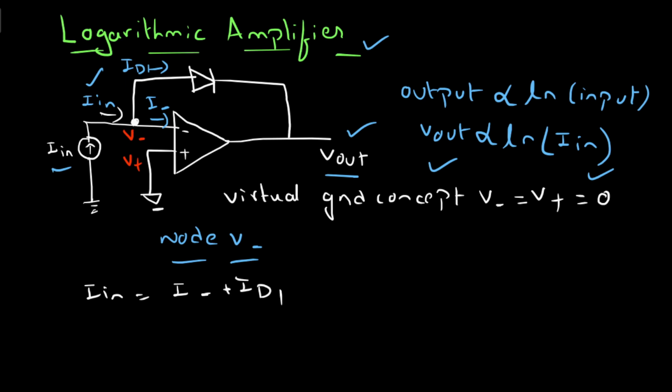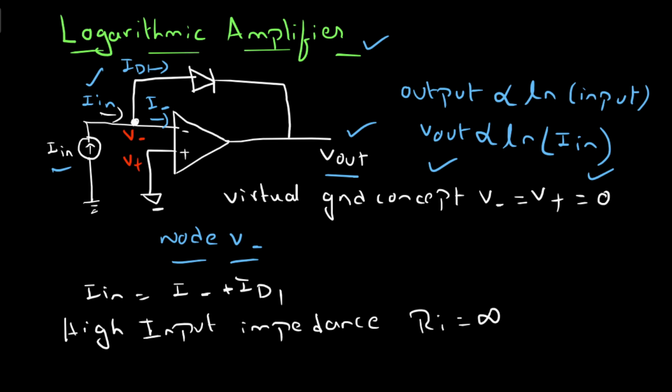But due to the high input impedance of the op amp, Ri is infinite, ideally, so I minus equals I plus equals 0.